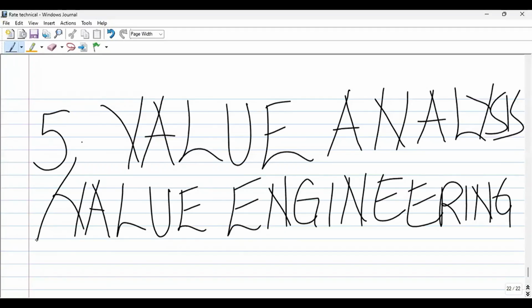It involves the substitution of materials and methods with less expensive alternatives, without compromise.